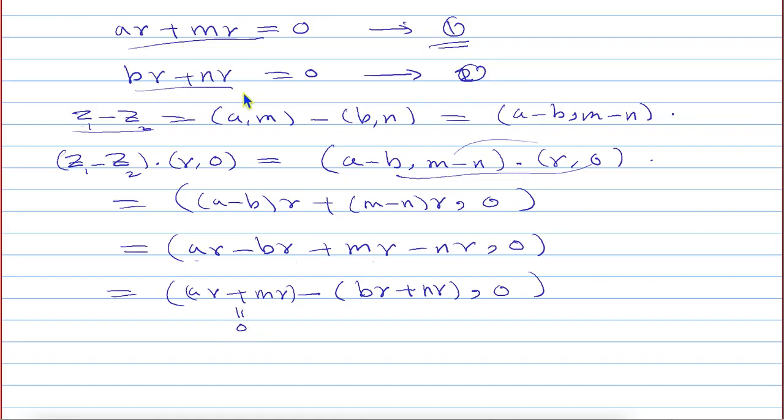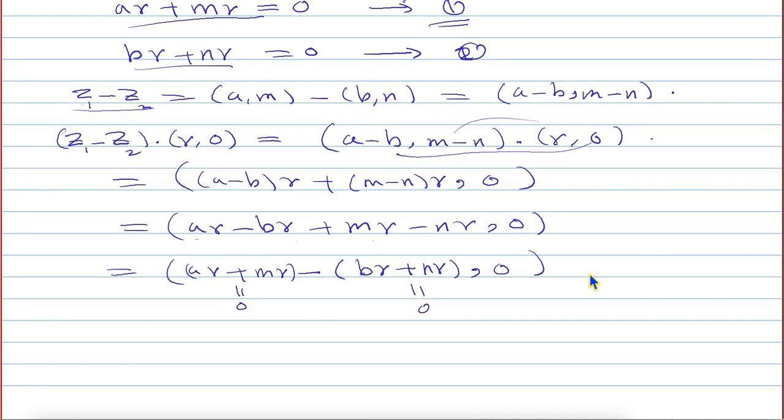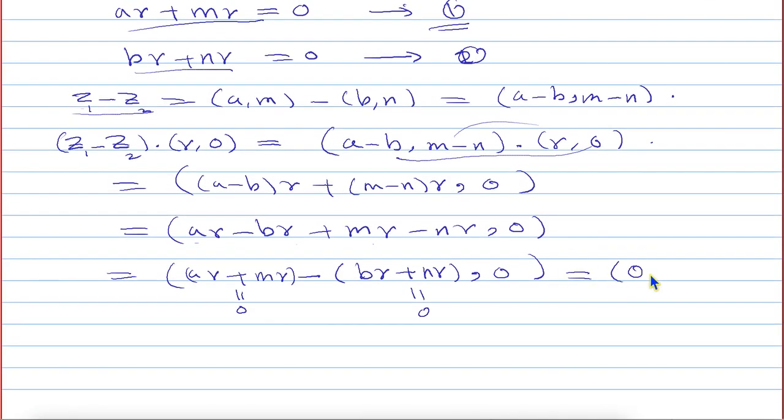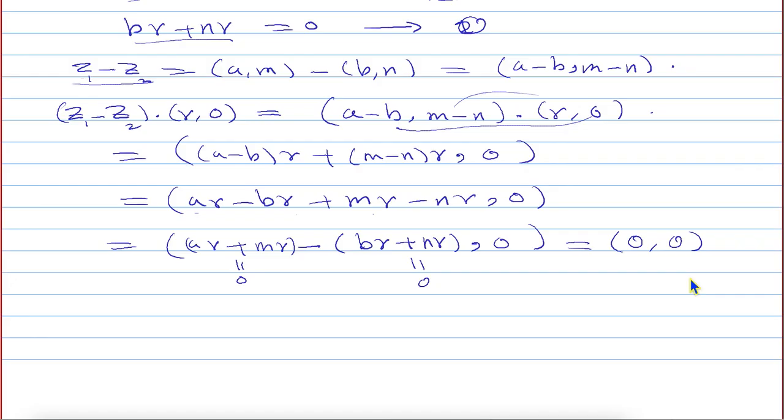And from 2 we have BR plus NR equals 0. So this gives us 0 and 0. So this means that Z1 minus Z2 is in fact an element of A. This proves the second requirement of being an ideal.